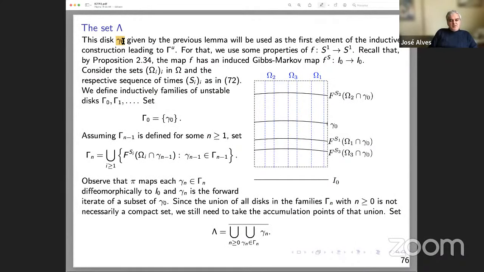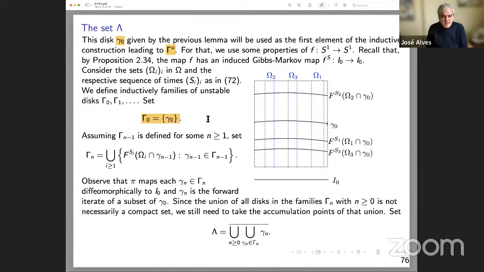As I said, there will be an inductive construction to build the set of unstable leaves. The inductive construction starts, so there will be a certain sequence of Gamma n's, and the very first is precisely made by this Gamma 0.